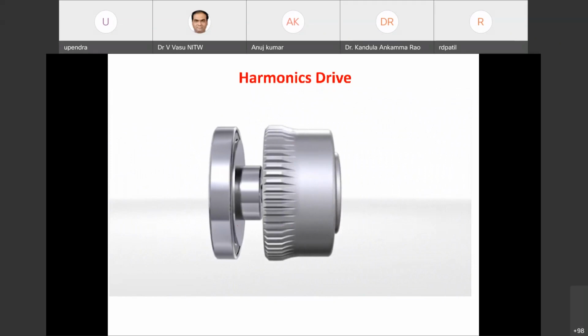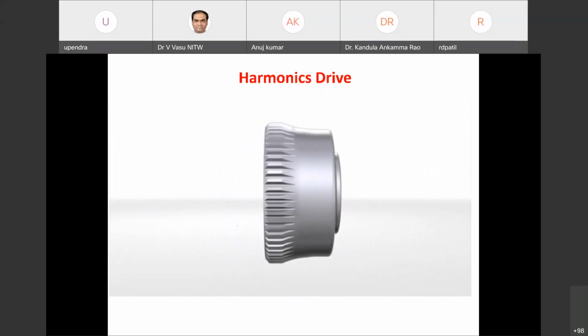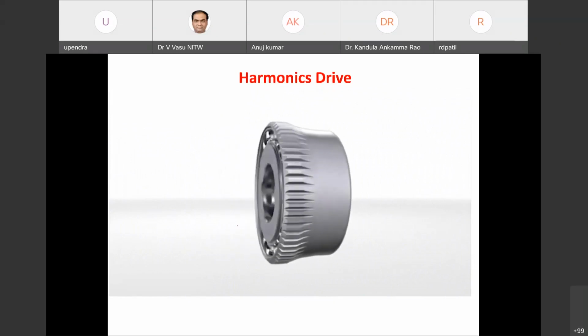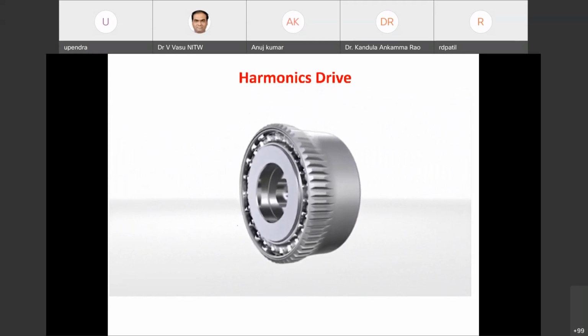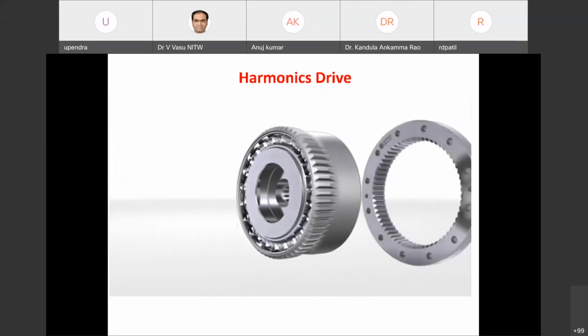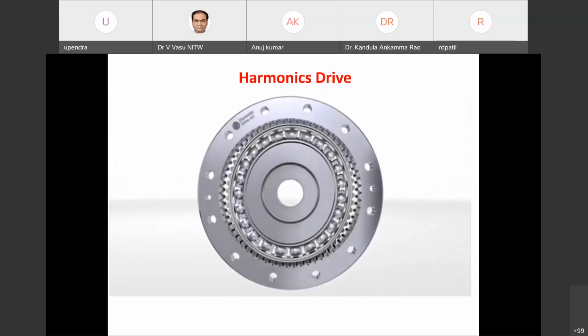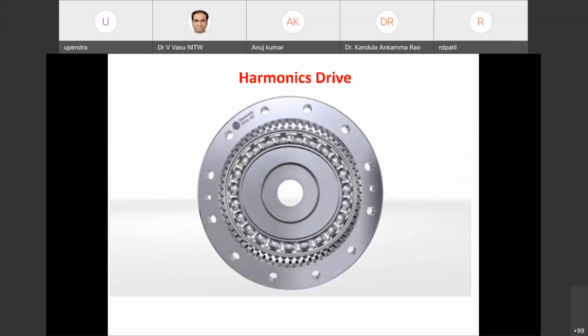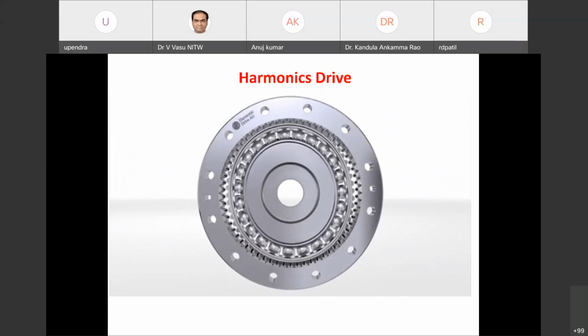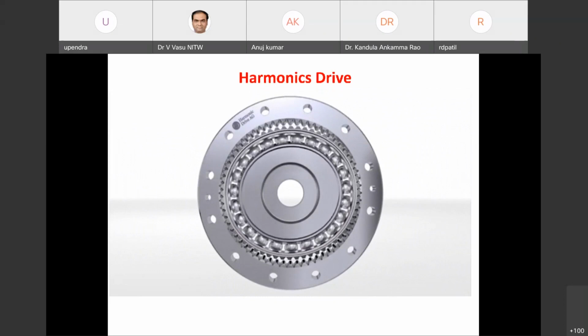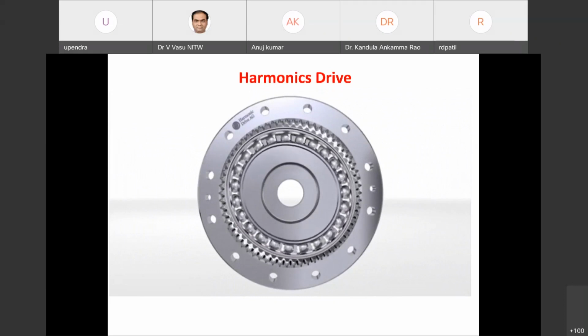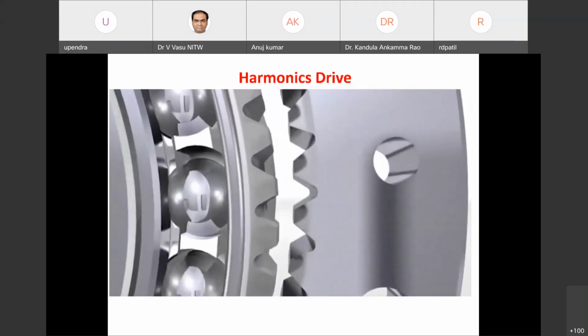By inserting the wave generator into the flex spline, it assumes the elliptical shape of the wave generator. The rotating wave generator causes the flex spline to radially deform. The assembled gear has 2 diametrically opposed tooth engagement areas around the major axis of the ellipse. The rotation of the wave generator causes the meshing of flex spline with the circular spline to move around the circumference.